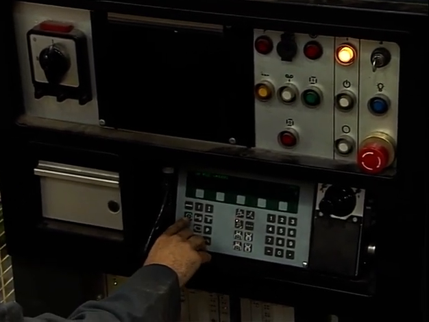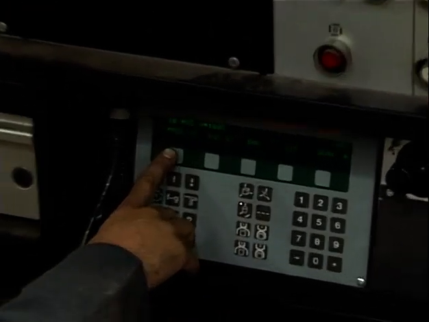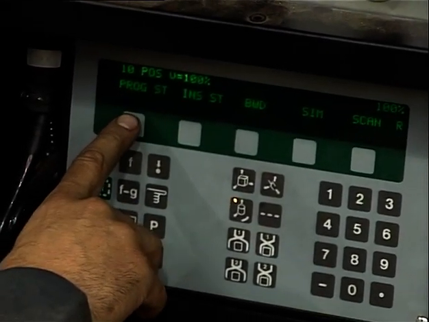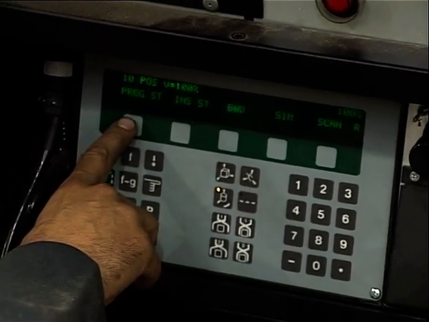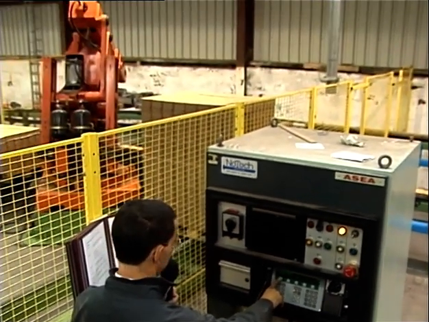Thereafter you push on the 1 button, and here you see that you have the possibility to start up the robot in his program by pushing the program start. When I push this button, you will see that the robot is continuing in his normal automatic mode.